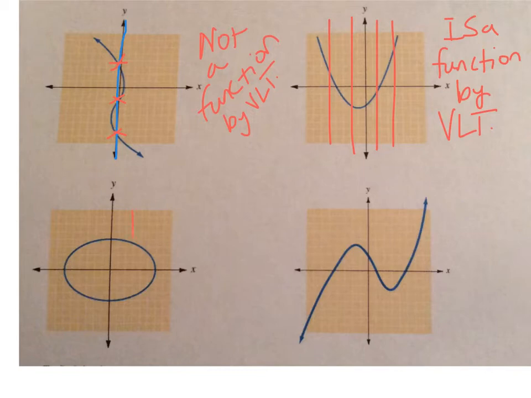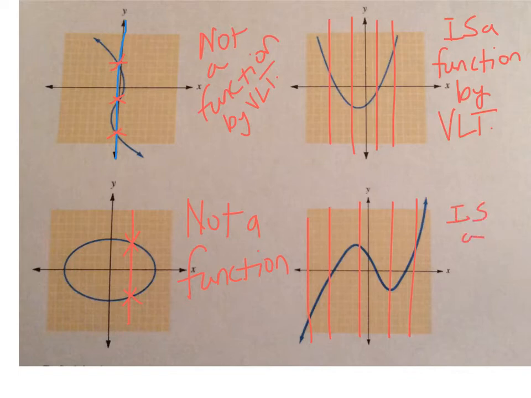Well, let's draw a vertical line. Look, I'm crossing it in more than one place. So not a function. But this one is a function because a vertical line doesn't cross it in more than one place no matter where I draw it.